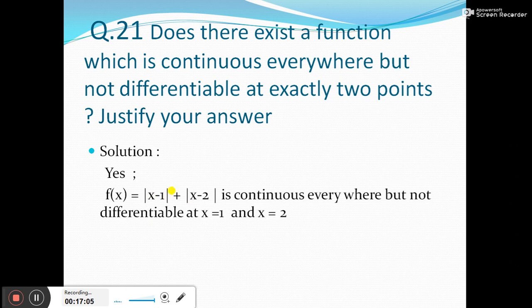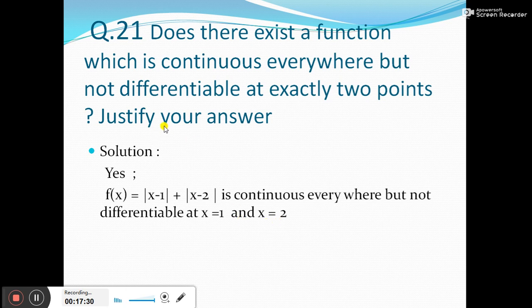Show that this function is not differentiable, and continuity you can check by breaking at this point, at 1 and 2, and therefore this function is continuous but not differentiable at x is equal to 1 and 2.